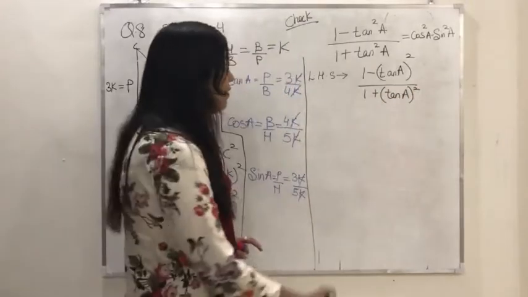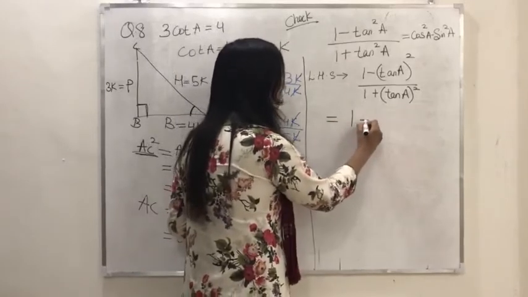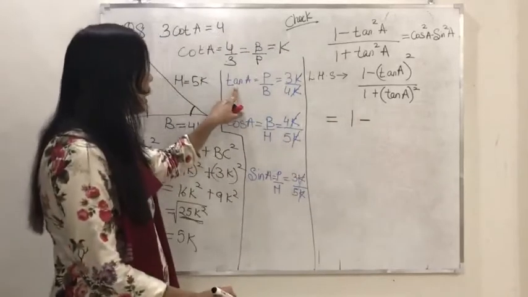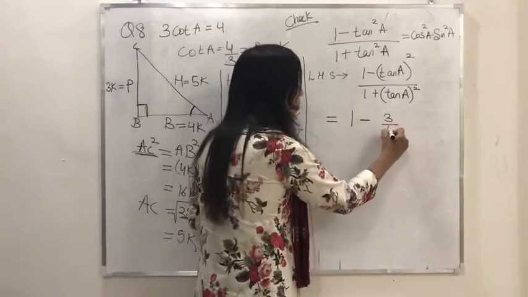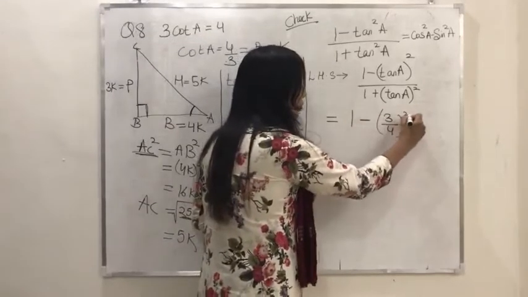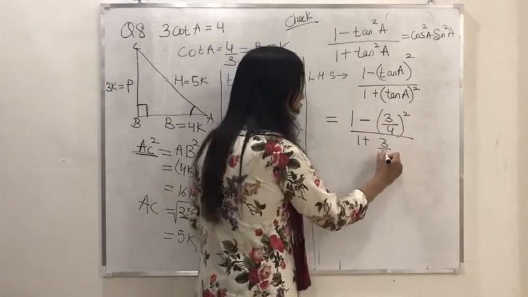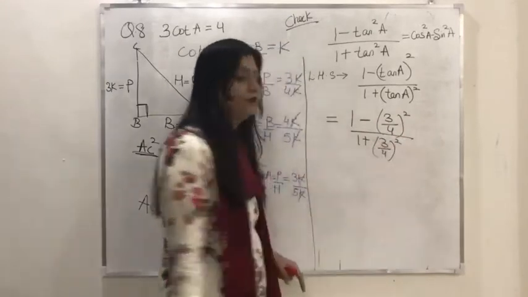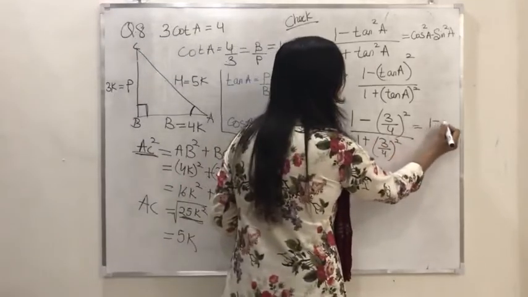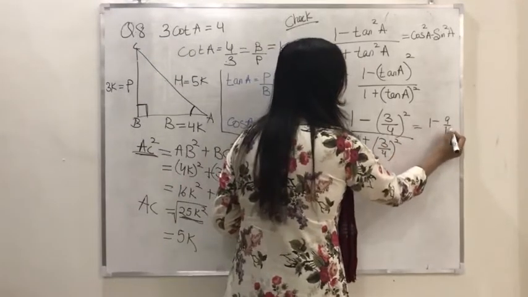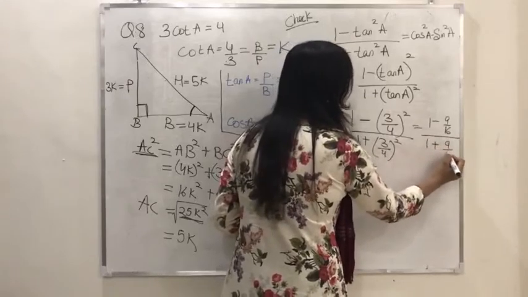So now what I will do, I will put this as equal to 1 minus tan A is 3 upon 4. So it will be 3 upon 4 whole square upon 1 plus 3 upon 4 whole square. So what I will get, 1 minus 9 upon 16 upon 1 plus 9 upon 16.